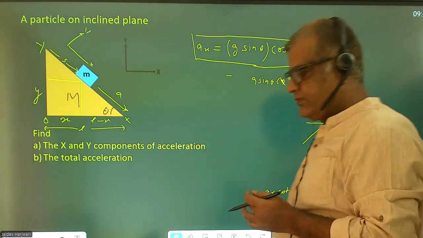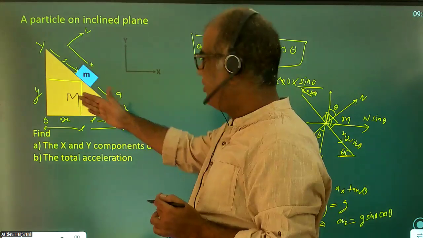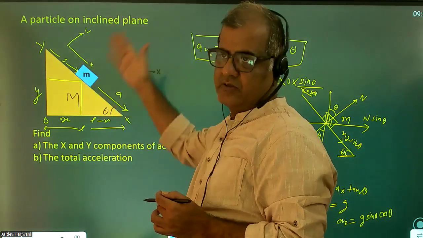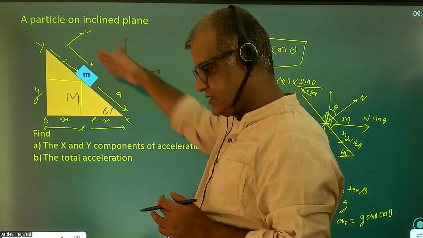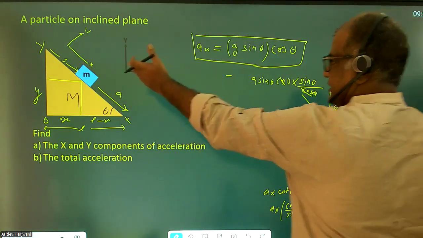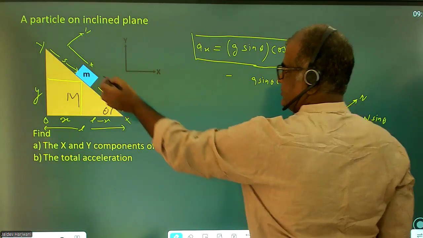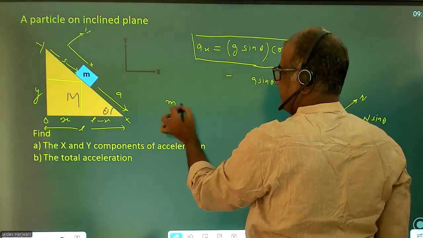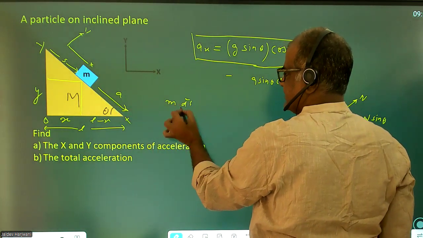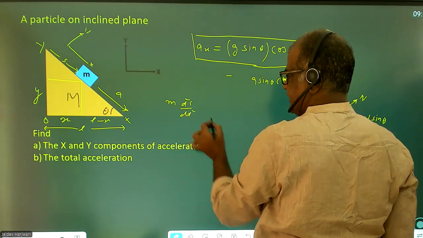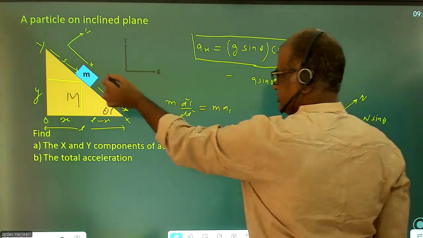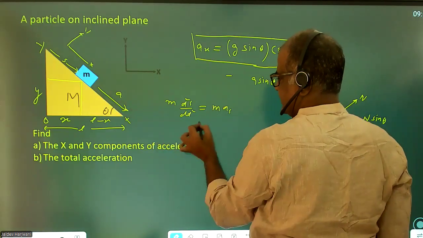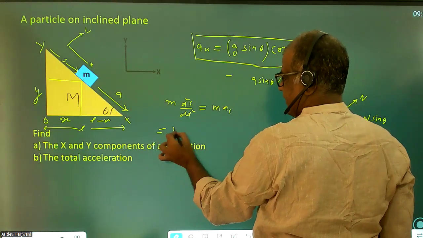Because now movement is only in the x direction, the block is not moving in the y direction, so acceleration in the y direction is 0. So there is only acceleration a. So I can write directly m d2s by dt square, or m times the acceleration in the direction of s, which I called a, ma.